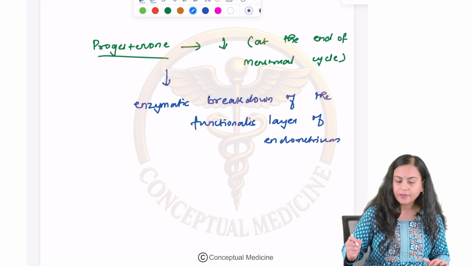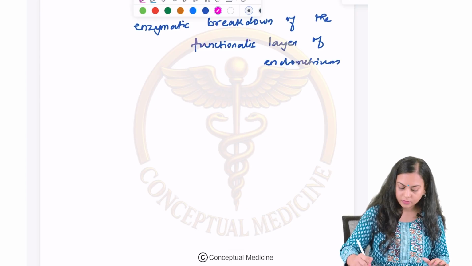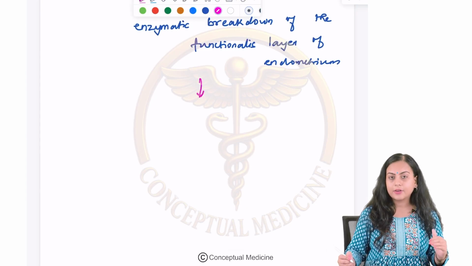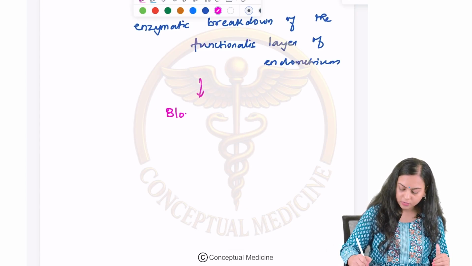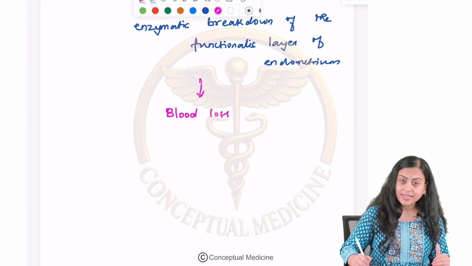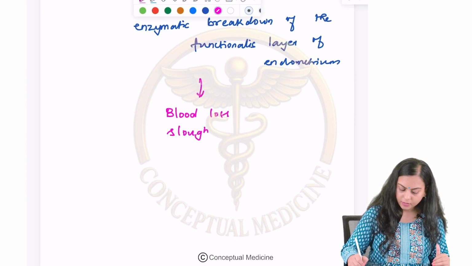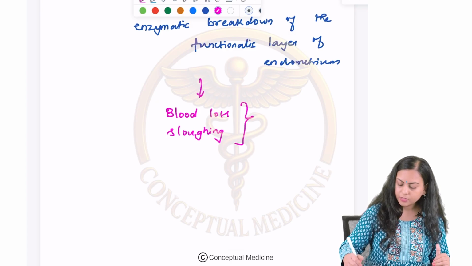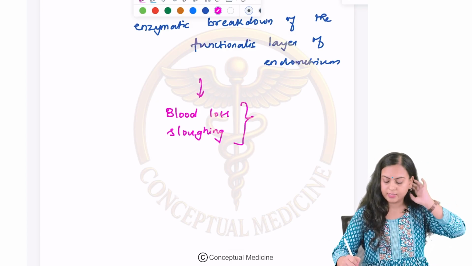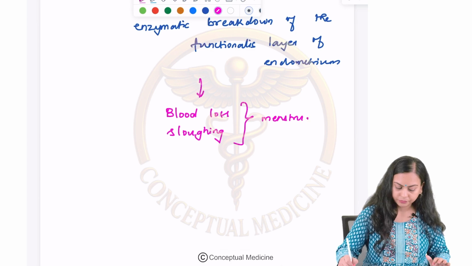So, soon after this breakdown, there will be blood loss, sloughing. This will lead to menstruation.